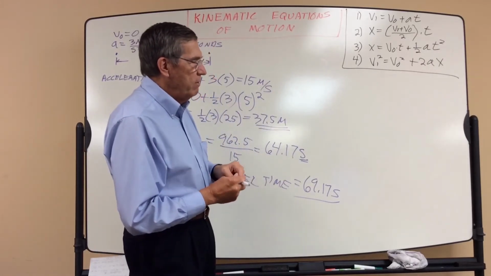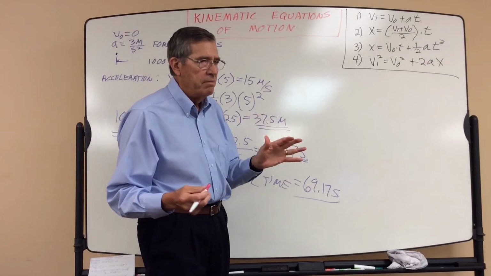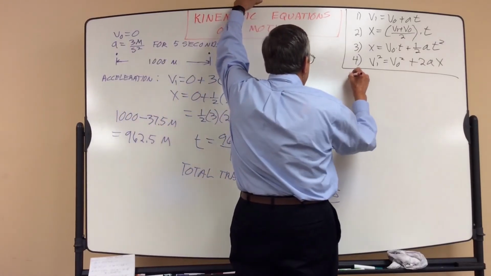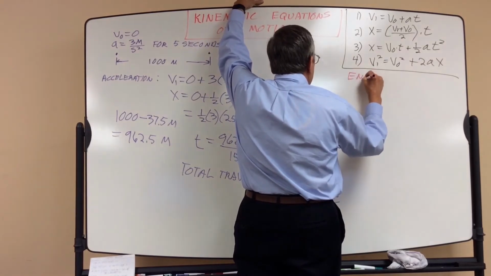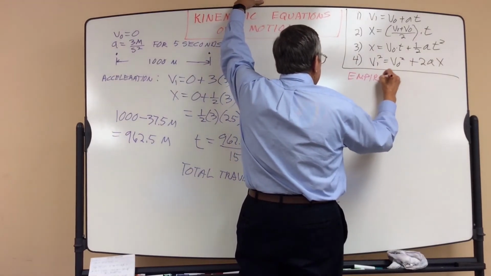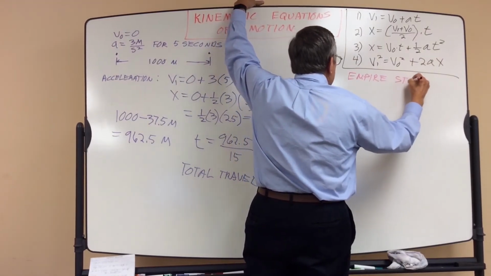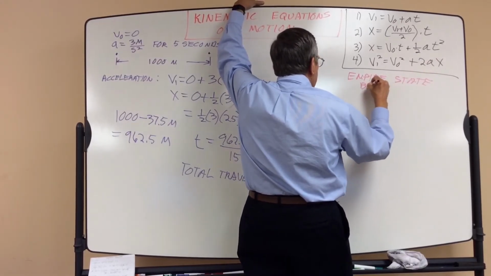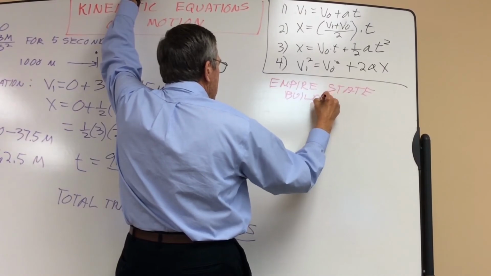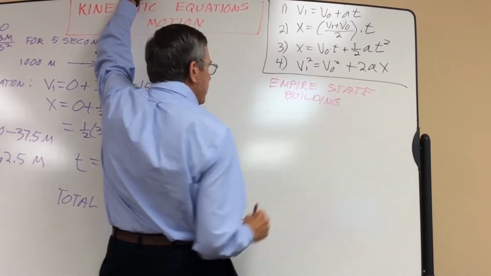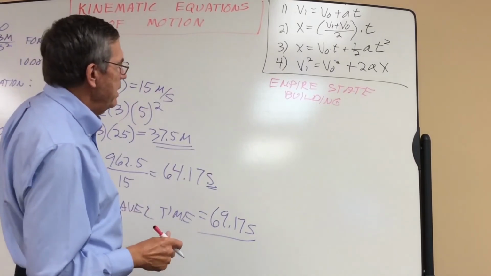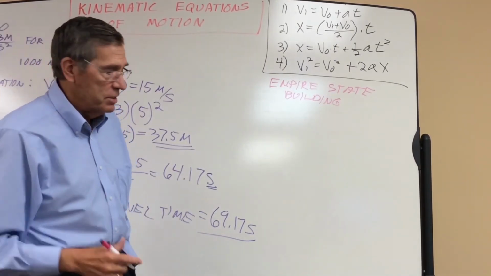So in New York City, what used to be the largest building back in the 30s and 40s was the Empire State Building. And it's still there. And I Googled before class here and found out how tall it was.